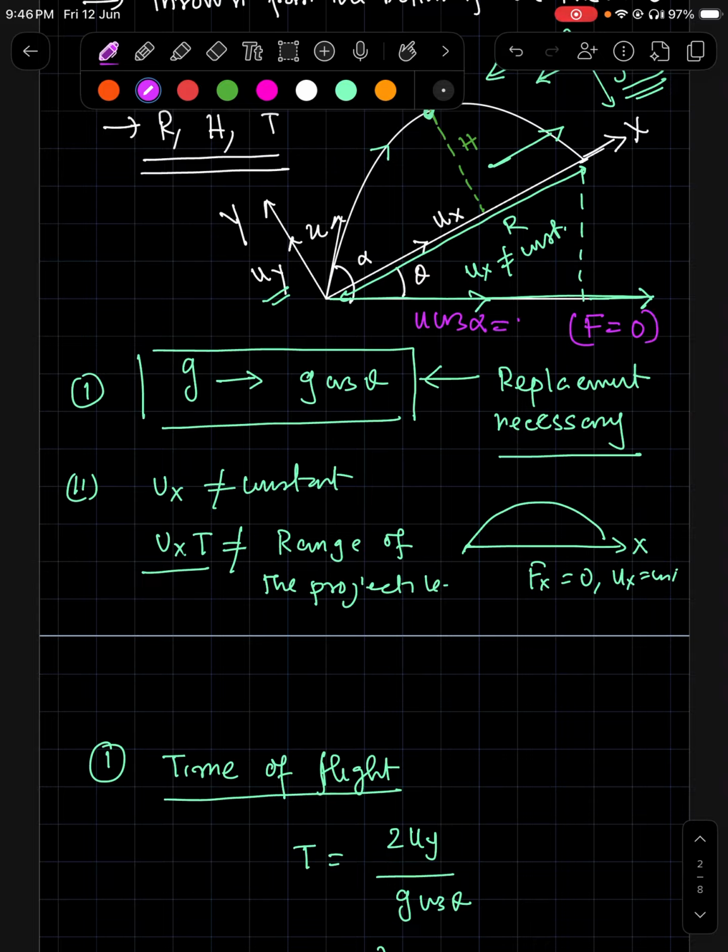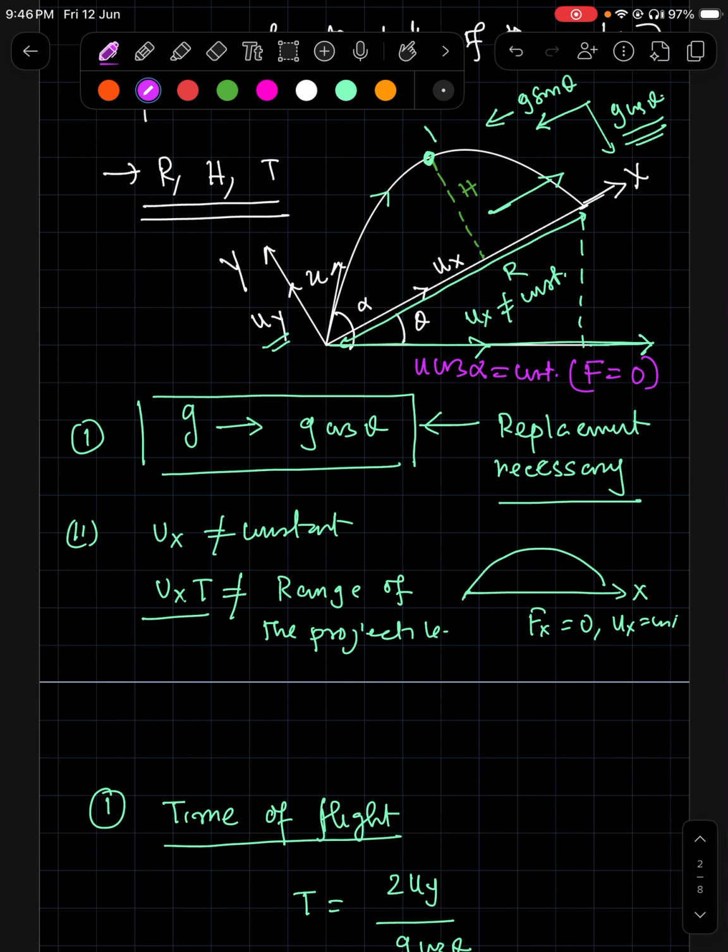That means u cos alpha is constant. So in time capital T, when the projectile reaches from O to A, at the same time the particle will travel the distance OB with u cos alpha, because u cos alpha is the component of u along the horizontal axis.